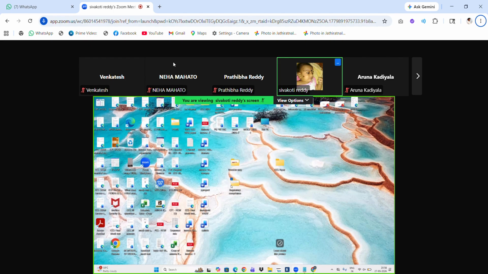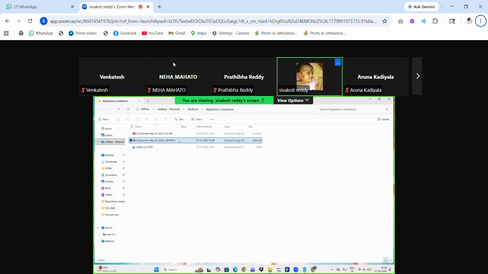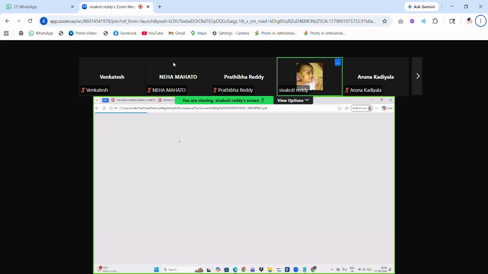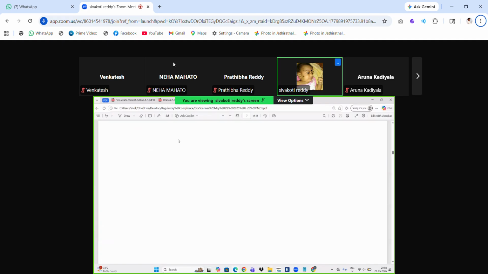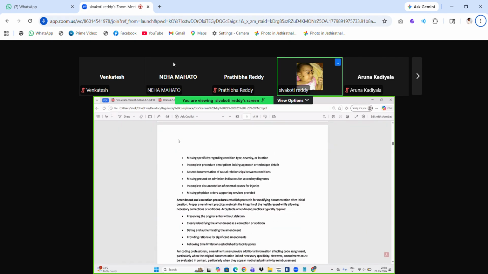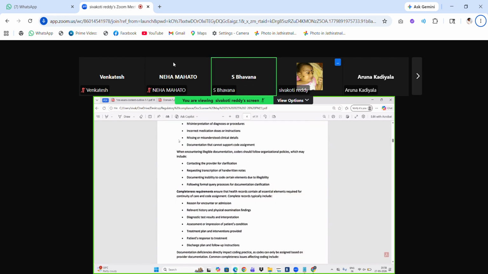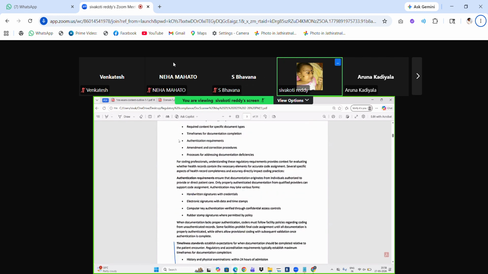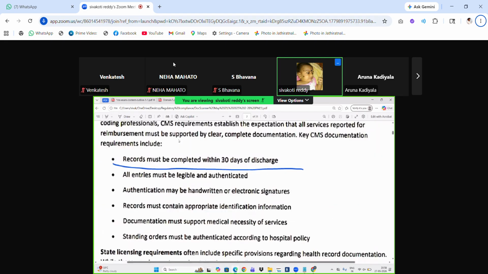Within how many days must we complete the document? 30 days post discharge. Records must be completed within 30 days of discharge. It is compulsory to complete within 30 days.